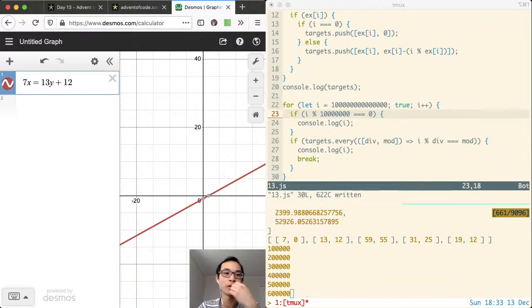Right, and we want integer values of this, but this is always going to be integer values. We want integer values of x and y.